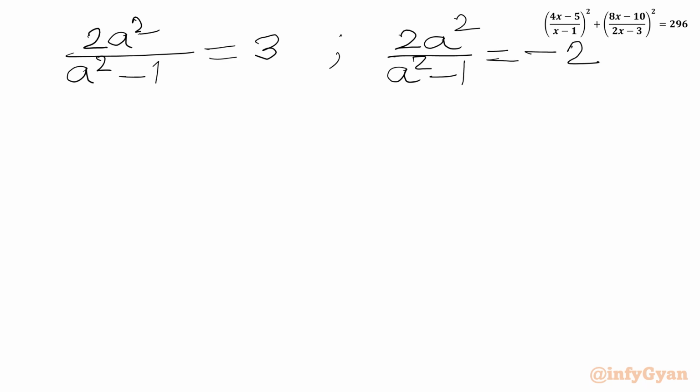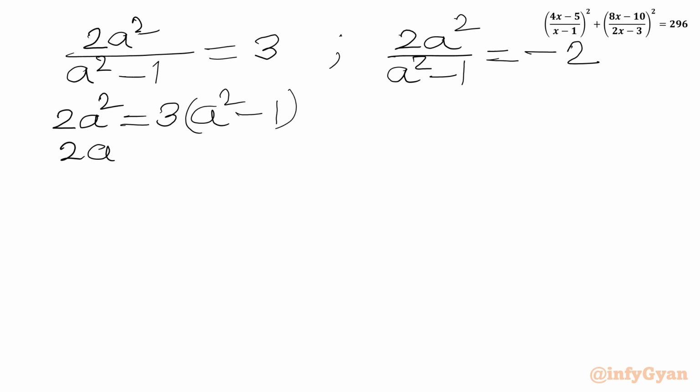Now we will cross multiply. We will write 2a square equal to 3 times a square minus 1, or I can write 2a square equal to 3a square minus 3.